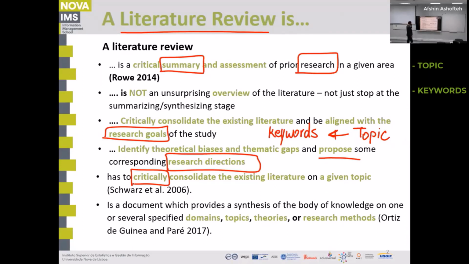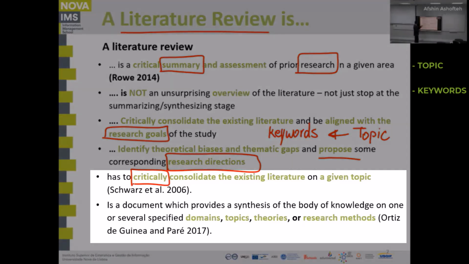So if you want to have a critical point of view, you have to have some criteria to judge the things that the researchers have done before, right? For this kind of review where you want to judge something, it could be a kind of judgment about the things that the people have done before.